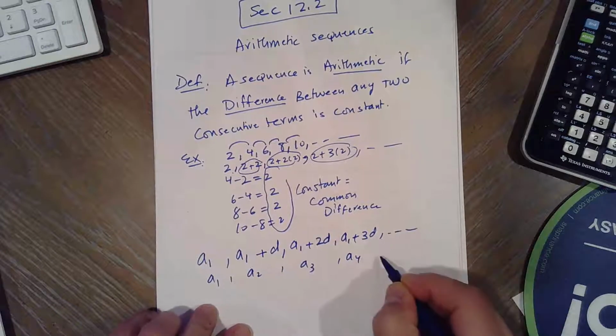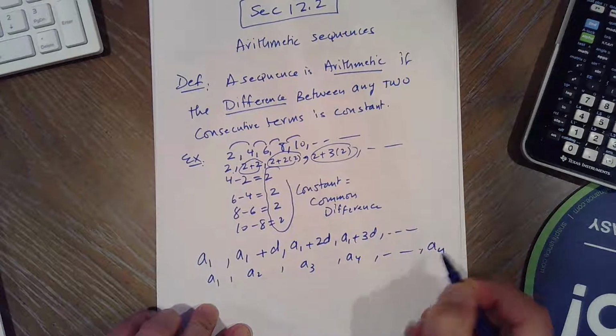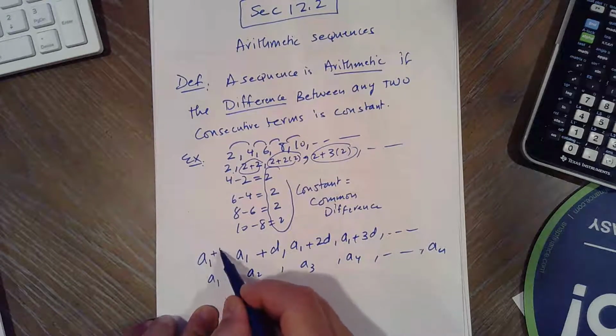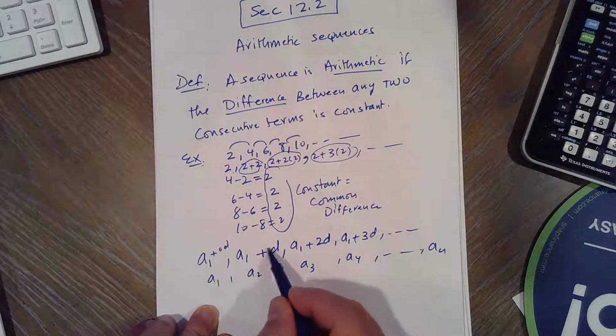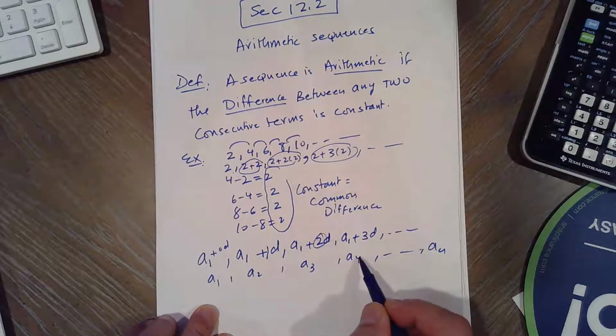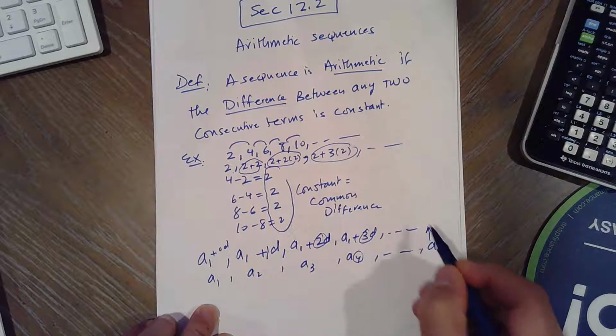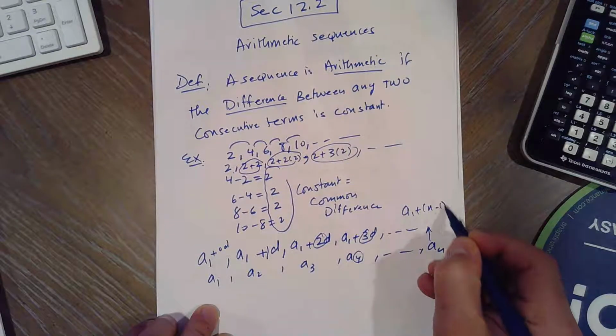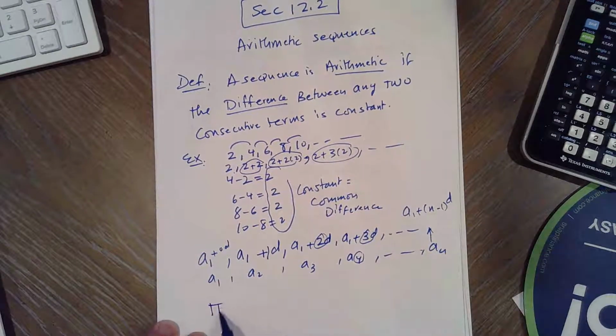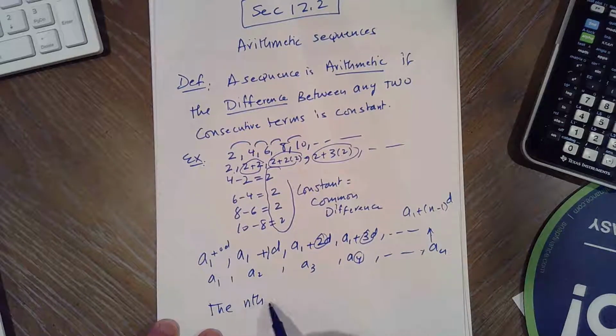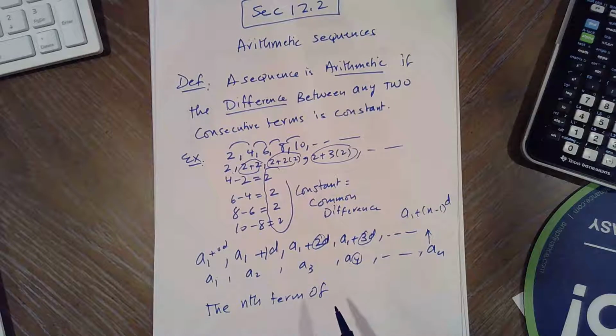So for A1, you have 0 common differences. A2, you have 1, A3, you have 2, A4, you have 3, and for the nth term you're going to have n minus 1 common differences. So this is called the nth term of A, which is the general term. In the previous section, to find the nth term, we had to find a pattern.